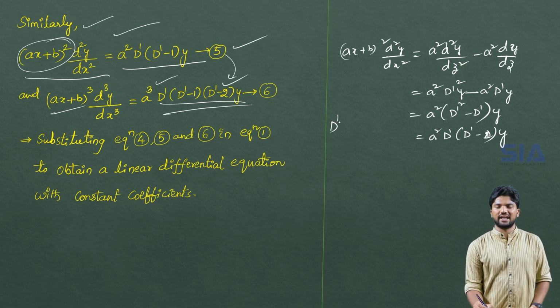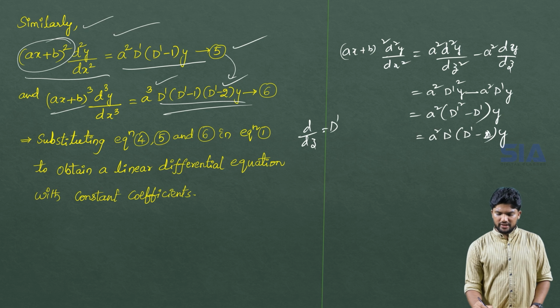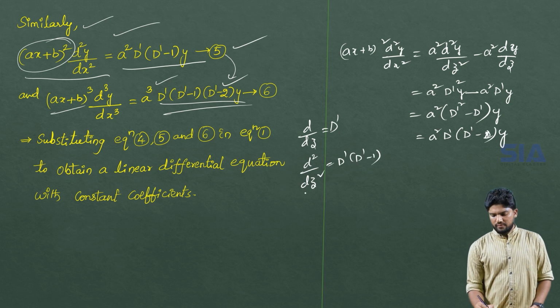First you will get D' for d by dz. For d square by dz square, you will get D' into D' minus 1. For d cube by dz cube, you will get D' into D' minus 1 into D' minus 2.